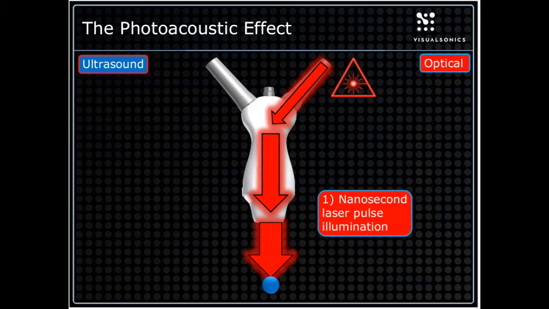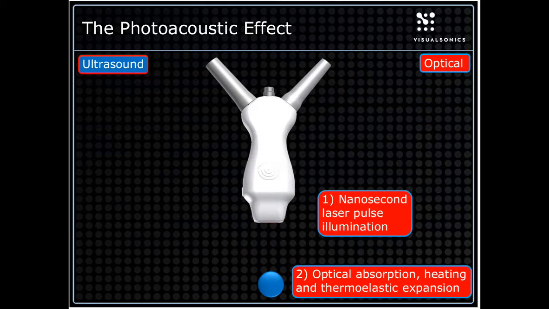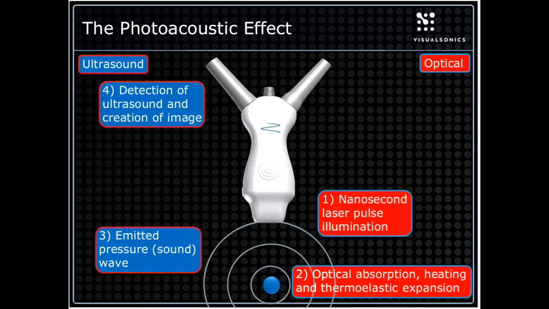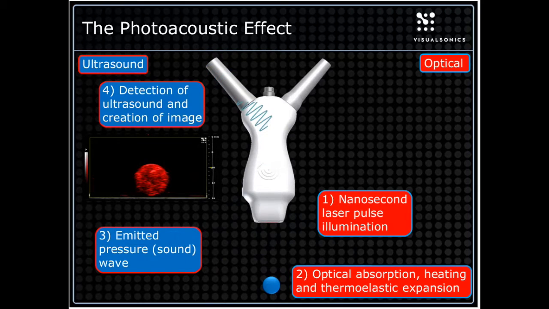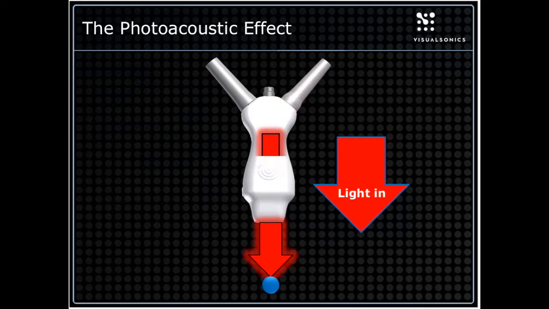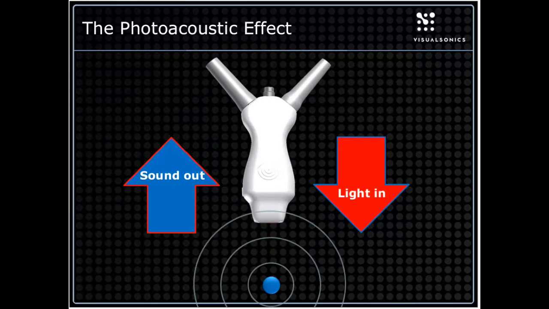Anything that absorbs that light will heat up a little bit, give what's called a thermoelastic expansion, which creates a pressure or a sound wave which travels through the tissue, and then we detect that with ultrasound to create the image. That's the long explanation. The short explanation is light in, absorption of that light, and then sound out to make that signal. And we'll go through this again as we go through the presentation.